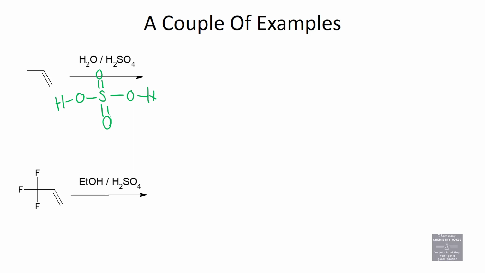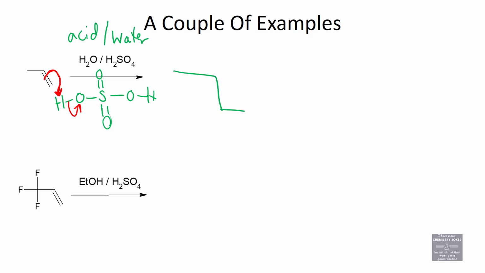H2SO4 is sulfuric acid. So I'm going to classify this as acid and water addition. Alkenes are nucleophiles, acids are electrophiles. So the first arrow for my HCl addition was alkene attacks the acid. So my alkene is going to attack the H of my acid. H can only make one bond, so I dump electrons onto the O.